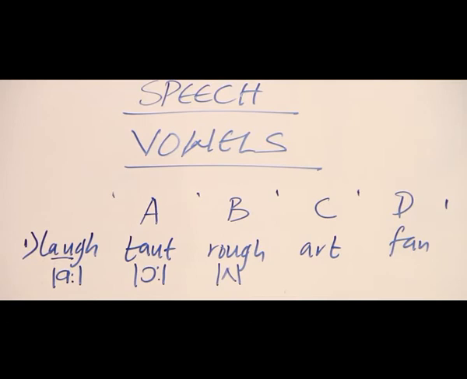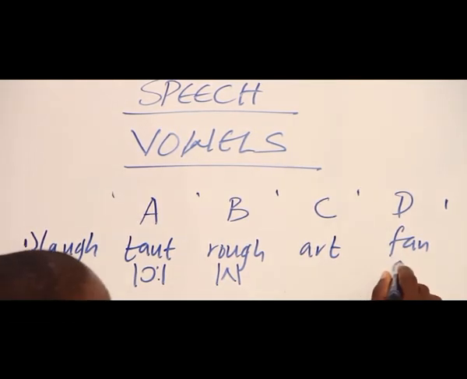It seems that it's there, but if you listen to the pronunciation carefully, in fun you have a shorter vowel sound. So you have vowel number 4, while in laugh you have vowel number 5, a longer version of the vowel in fun.